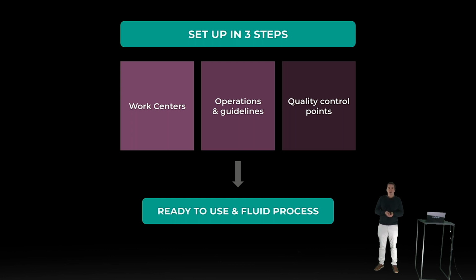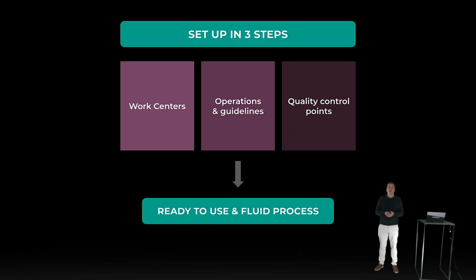Then on the bill of material of your finished product, you can set the operations that have to be performed on the different work centers, and on this operation you can attach a worksheet that will be, normally in the past it was a paper.